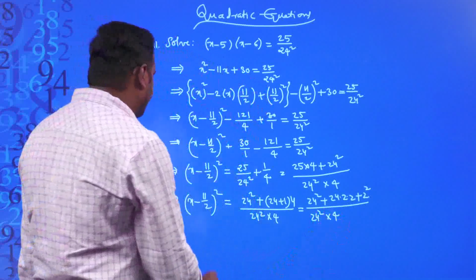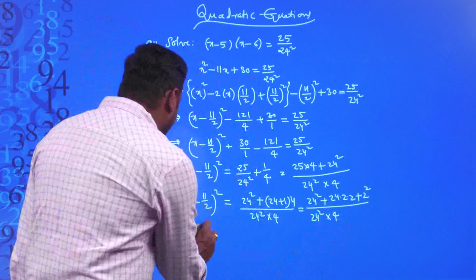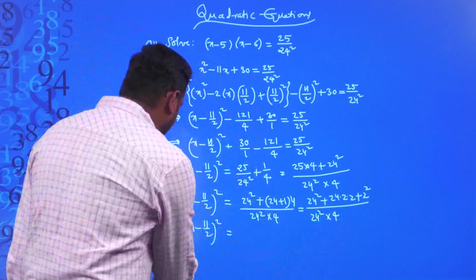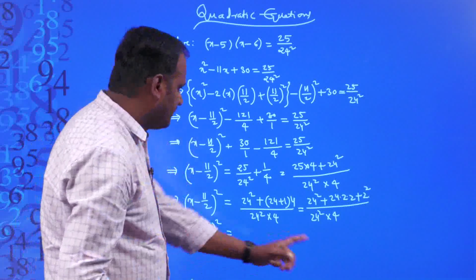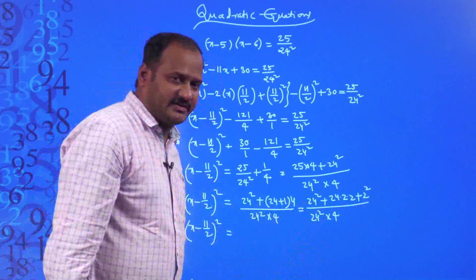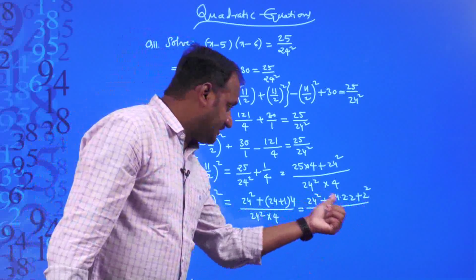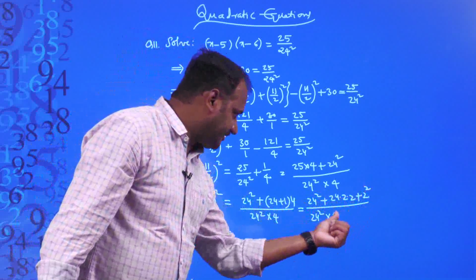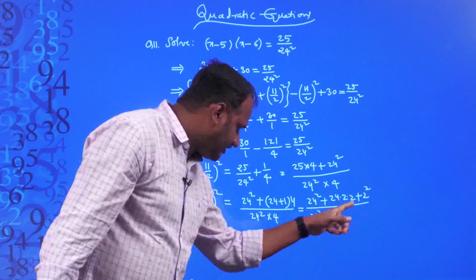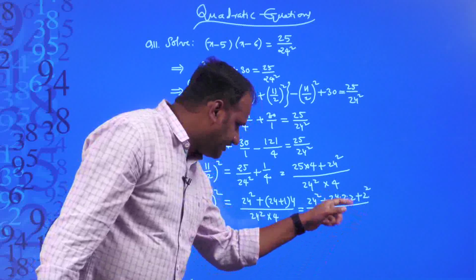Okay. So, finally, x minus 11 divided by 2 whole square is equal to 24 square plus 2 square, which is in the form of a plus b whole square. A square plus b square. If it is a square plus b square, is this 2ab? Yes, 2 into 2 into 24. 2 into 24 is a and 2 is b.